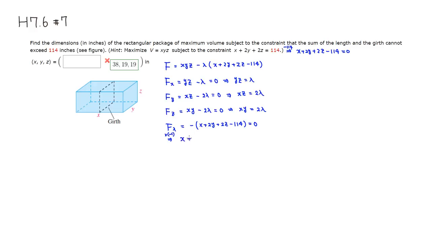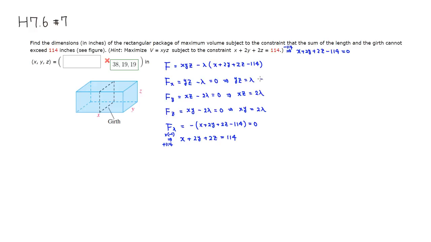So x plus 2y plus 2z, adding 114, is equal to 114 on the right-hand side.